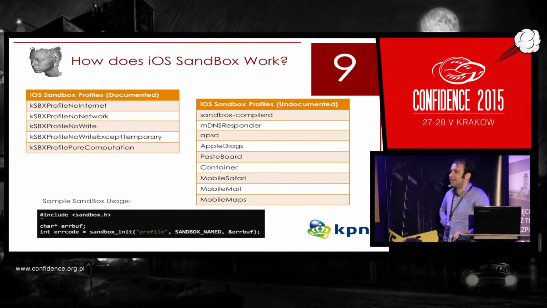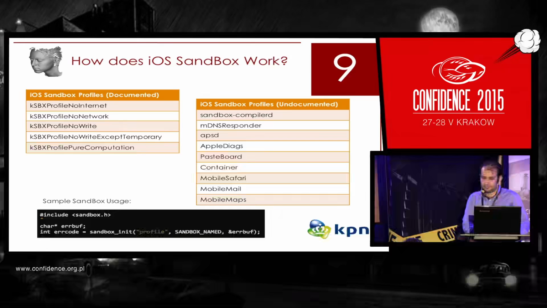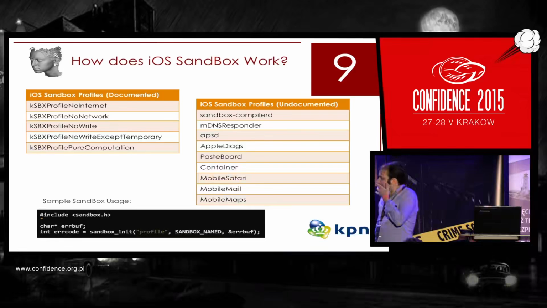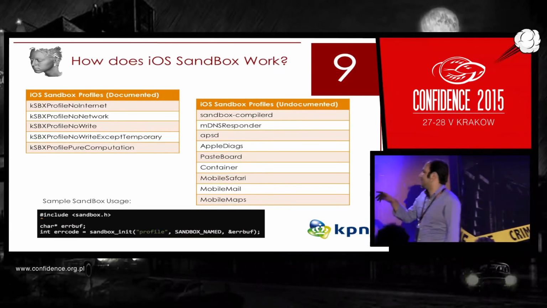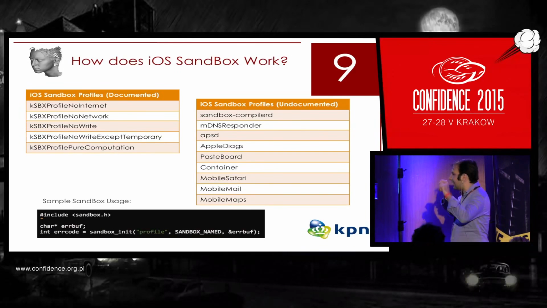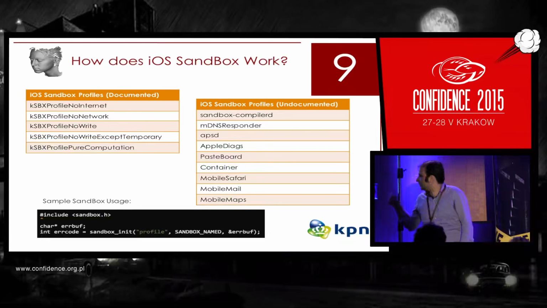For example, you can access the log directories, recent locations, temporary directories, log directories, and so on. And the sandbox profile usage looks like this. You simply invoke sandbox_init with a profile given as an argument to the call.